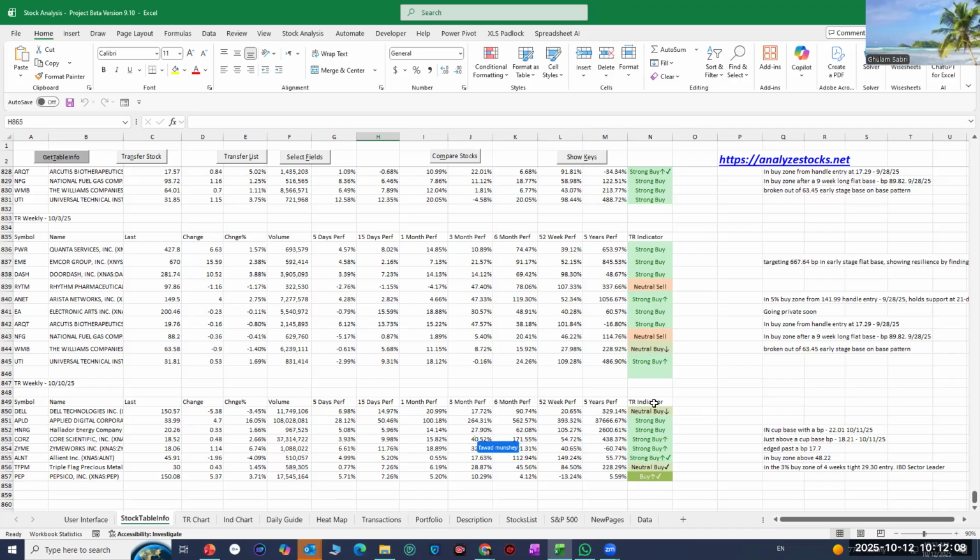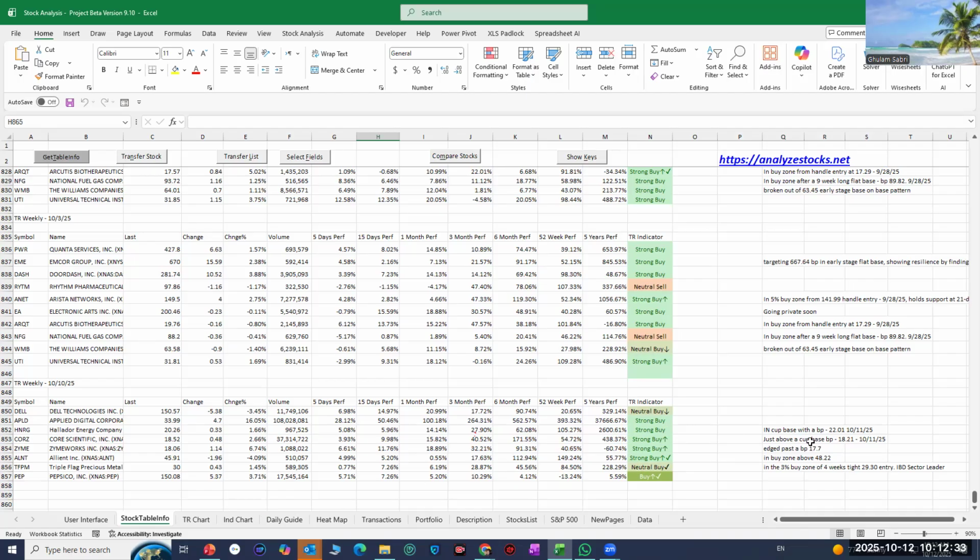And towards the end, it also tells us what our proprietary TR indicator is telling us. So our TR indicator is telling us, for example, that these stocks are interesting: Alliant Pharmaceutical and Zymeworks. That's also a biotech. And Dell Technologies is neutral buy, but it was interesting. And Applied Digital Corporation is in a strong buy zone.